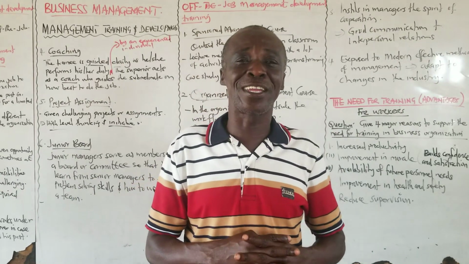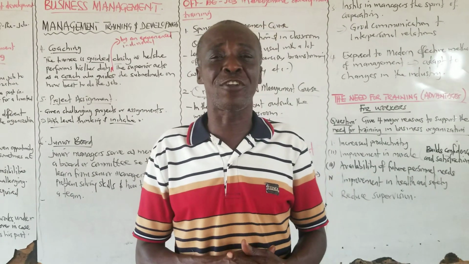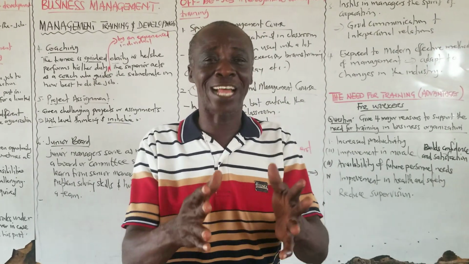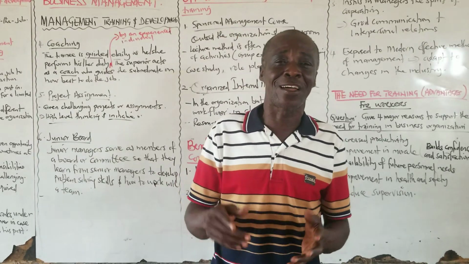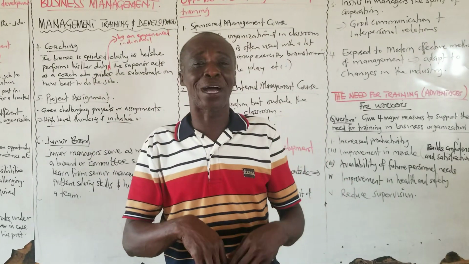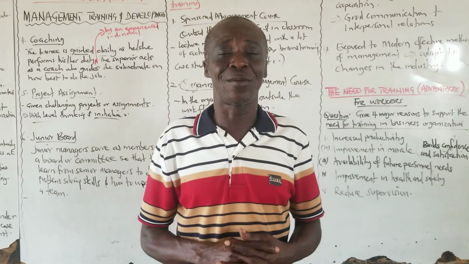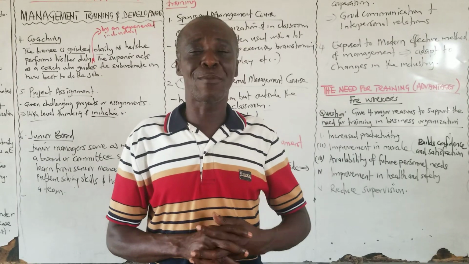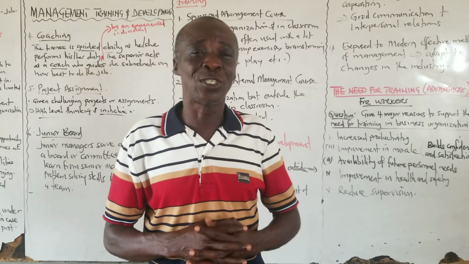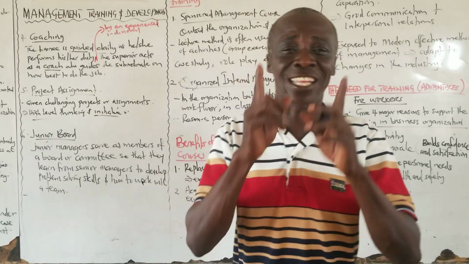If the general manager is retired and you have already trained the human resource manager for that work, then he is going to replace that manager. Remember, we talked even about understudy. So you can understudy that manager who is retiring and then replace him. And remember, when you are using internal recruitment, it is less expensive. So that is the first point.